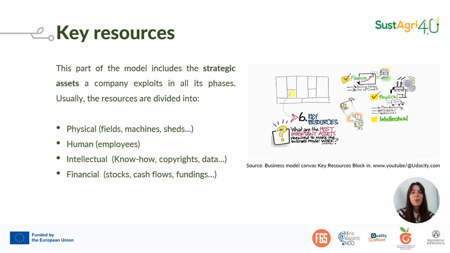So we are talking about machines, sheds, fields, for example, but also human resources, so all the employees involved in the company, and the intellectual resources, so all the skills regarding your know-how, copyright, data, and most important as well, the financial resources.